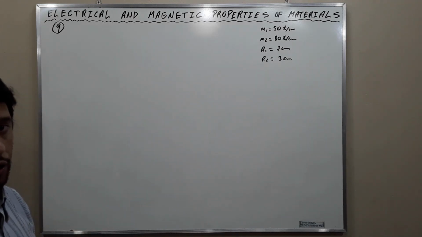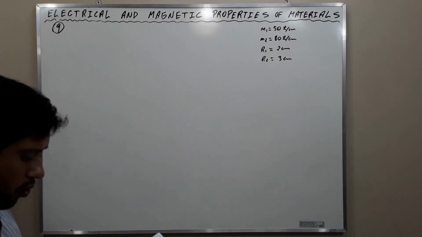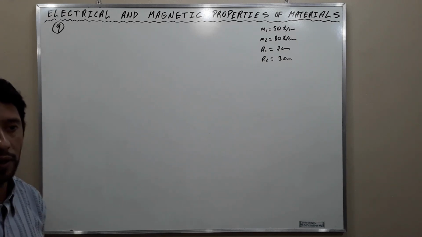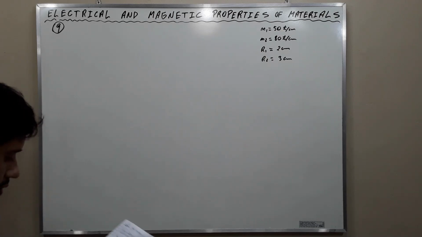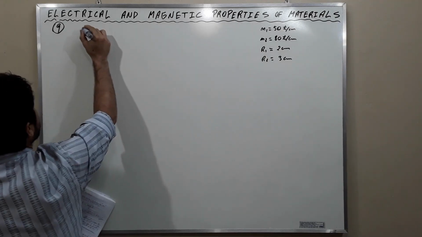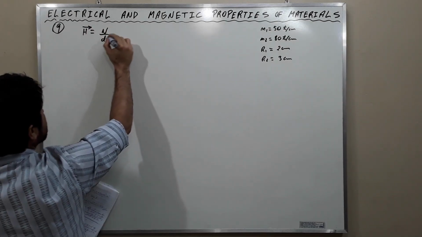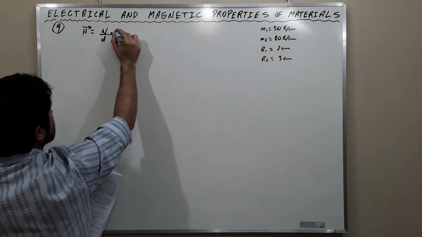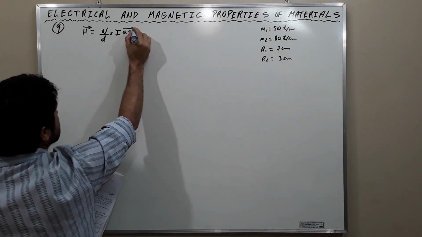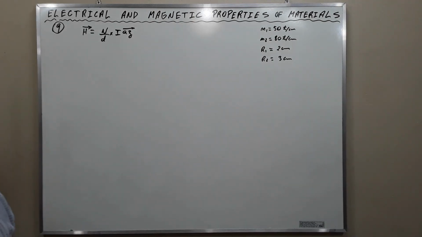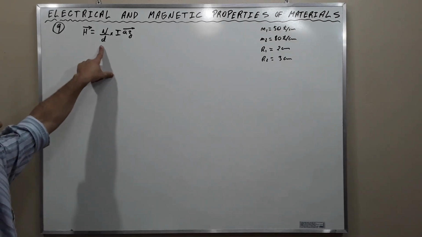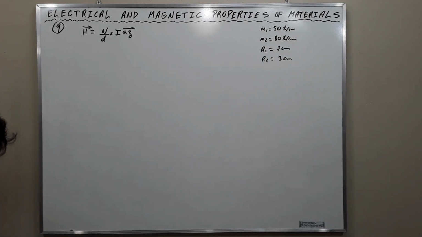Well, within the solenoid, we can confidently say that the magnetic field intensity is uniform. You can imagine a solenoid, and deep within the solenoid, the magnetic field intensity is given by this expression here.